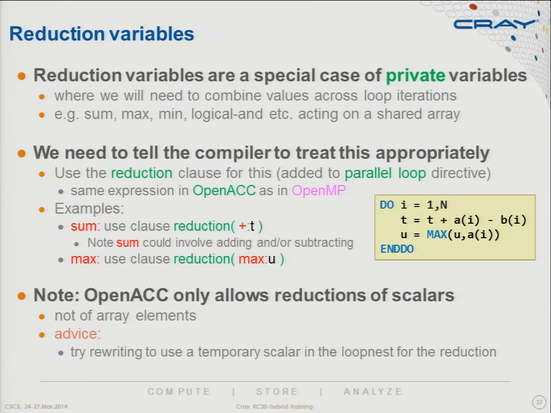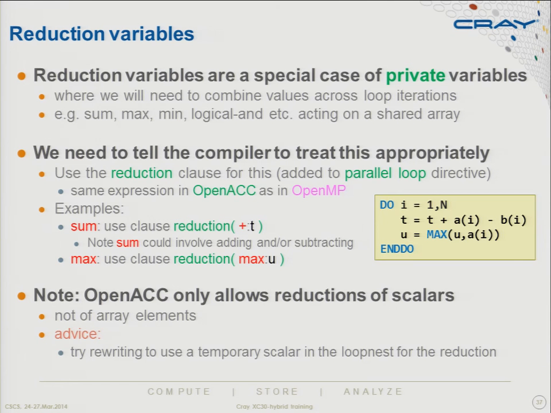T and U are not completely private to the threads because I need to combine the values, but nor are they shared. They're what's called a reduction variable. And you need to tell the parallel loop directive that it has to be treated in this special way. And that's the same as in OpenMP. And you do it in the same way using a clause that's reduction, and then you need to tell it the sort of reduction that's being used.